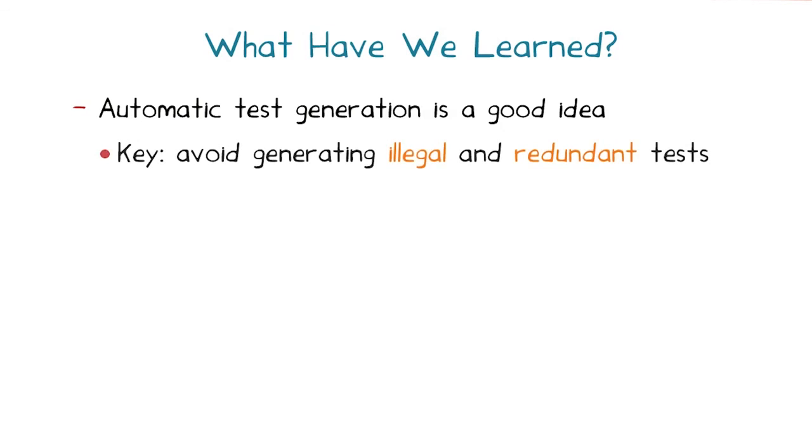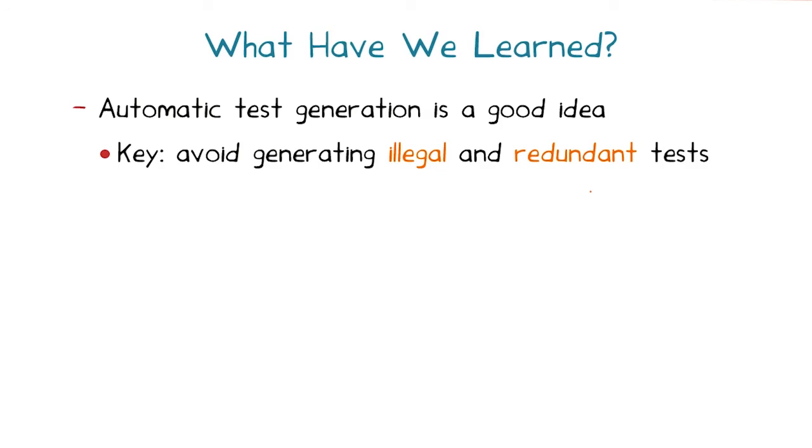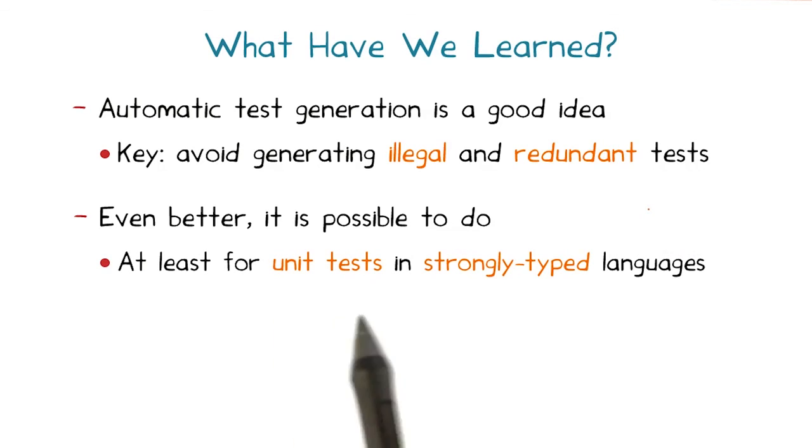The key to making it work efficiently is to avoid generating illegal and redundant tests. If one is not careful, these kinds of tests dominate the test generation process and make it ineffective. Even better, automatic test generation is possible to do today, at least for small units of a software system, such as a data structure or a library API that is written in a strongly typed language like Java.